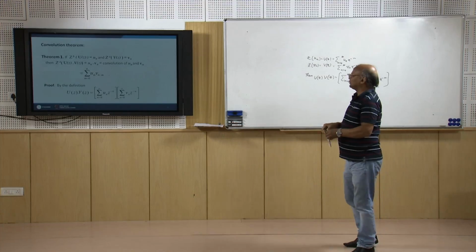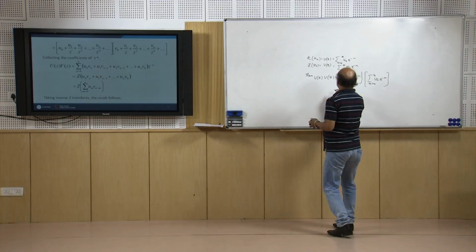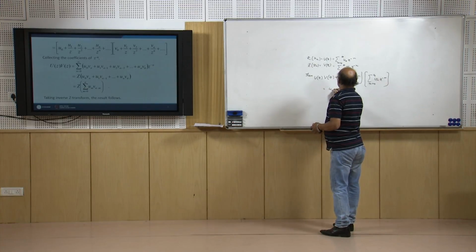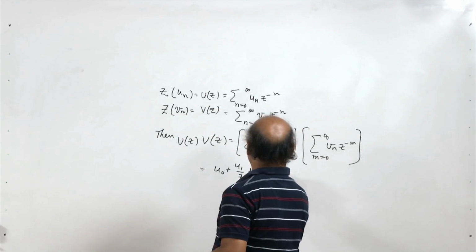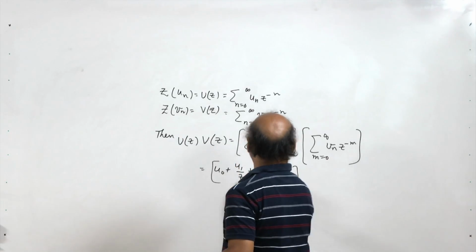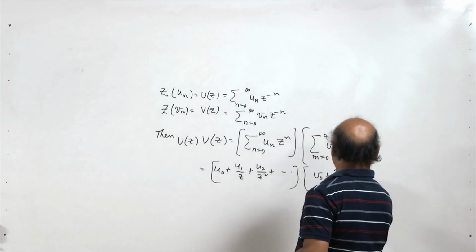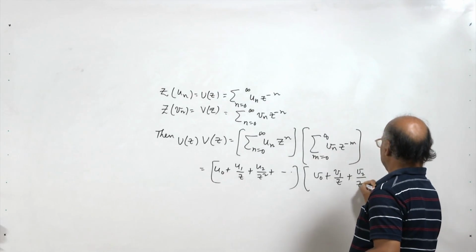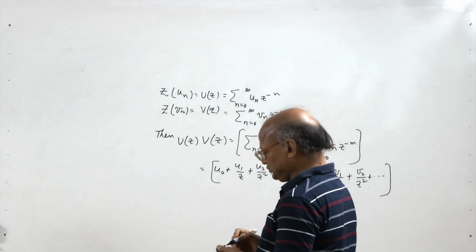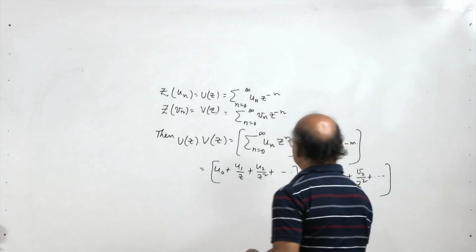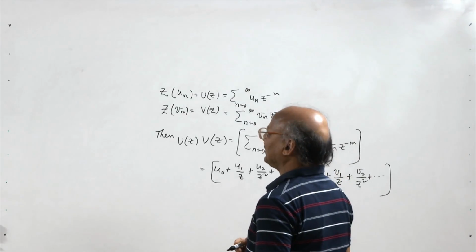So, this is U(z) into V(z), and we can write it in the expanded form. This is u_0 plus u_1 by z plus u_2 by z square and so on, and here it is v_0 plus v_1 by z plus v_2 by z square and so on. Now, these two are infinite series, so when you multiply, we can collect the coefficient of z to the power minus n.